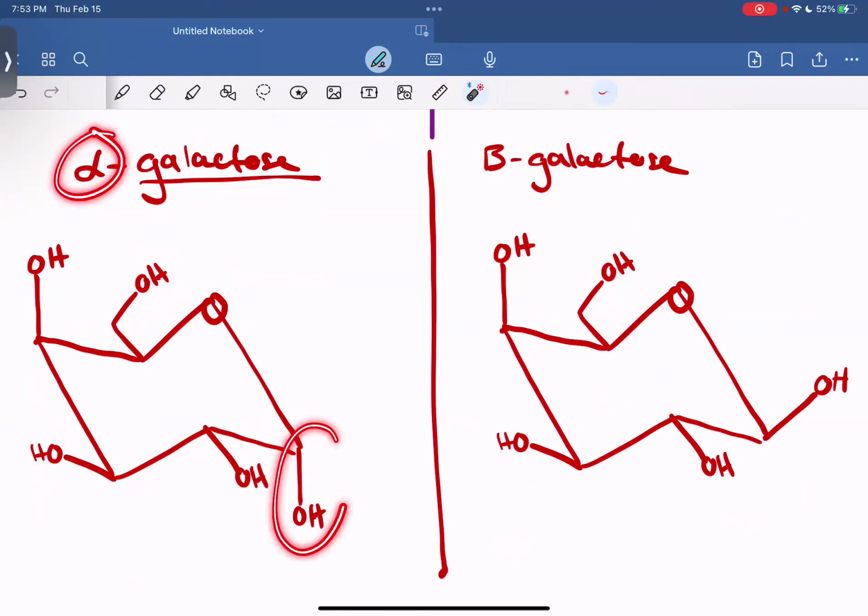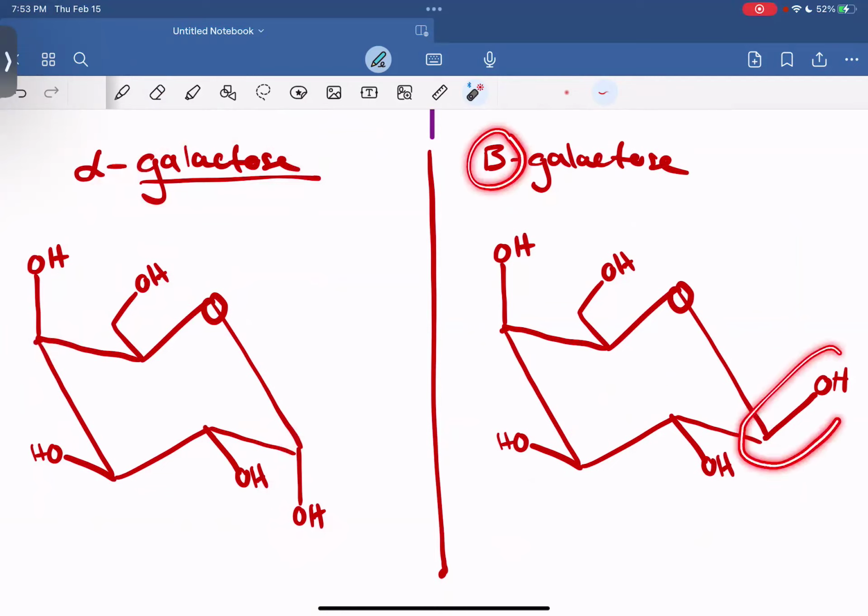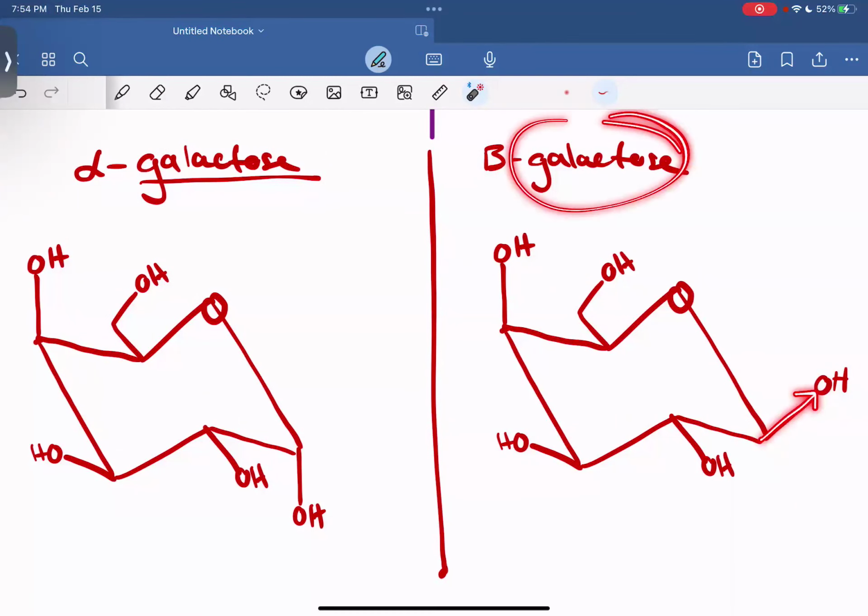Alpha, and we have galactose, and that one makes sense. So we have beta, which is the anomeric carbon, carbon number 1, in the equatorial position, and then galactose means that our alcohol group on carbon number 4 is going up in the axial position.